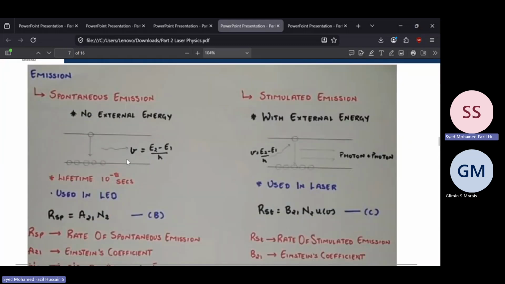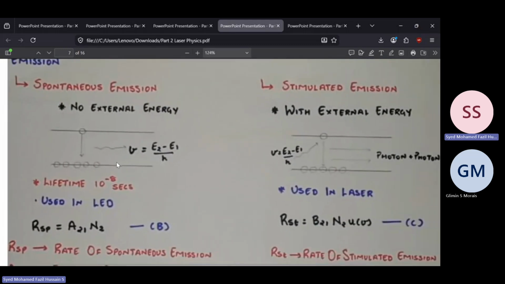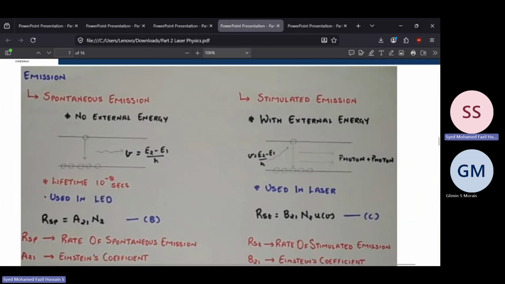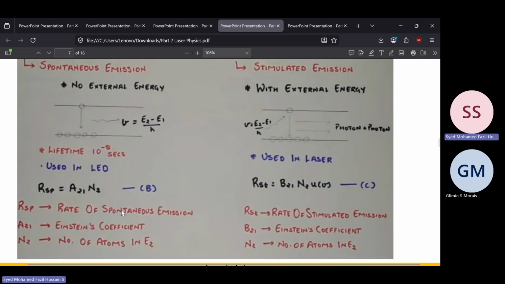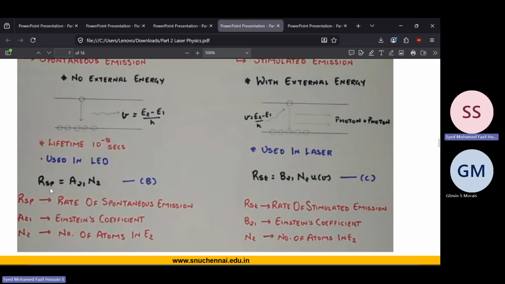Let's see spontaneous emission. Its lifetime is 10 to the power minus 8 seconds, which is far too short to sustain lasing action. That's why we use stimulated emission. Here R_SP, the rate of spontaneous emission, is A21, from E2 to E1, the Einstein coefficient for emission, into N2, the number of atoms in E2.